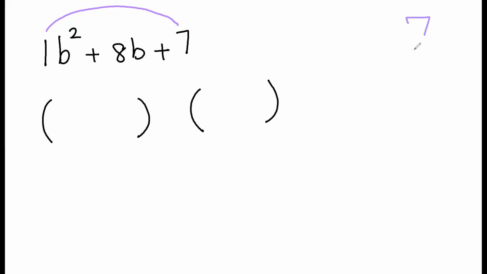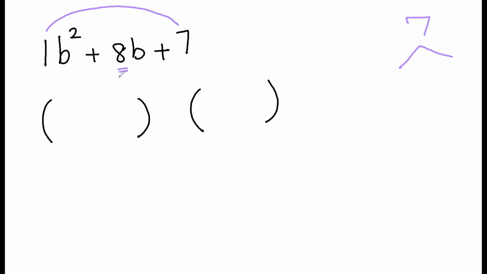Now I'm going to look for two numbers when multiplied will give 7, and when added will give 8. So let me repeat myself. I'm going to look for two numbers whose product will be 7 and the sum would be 8.